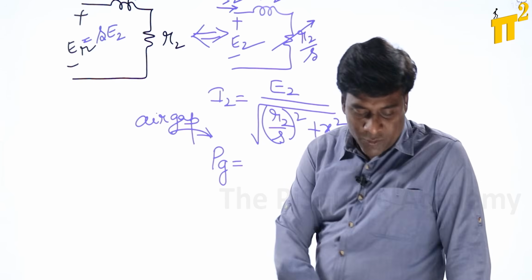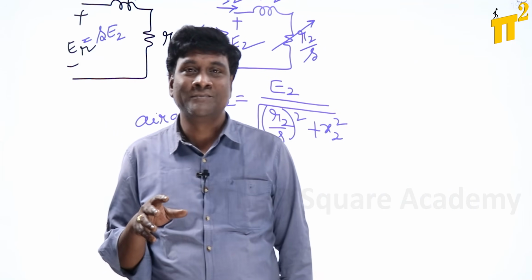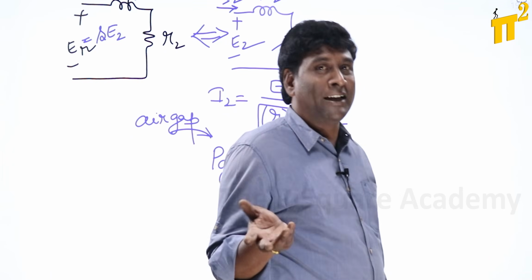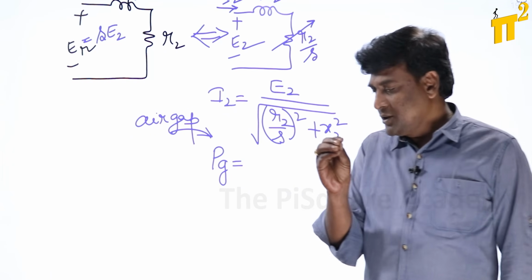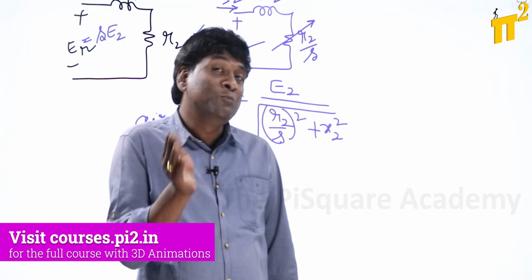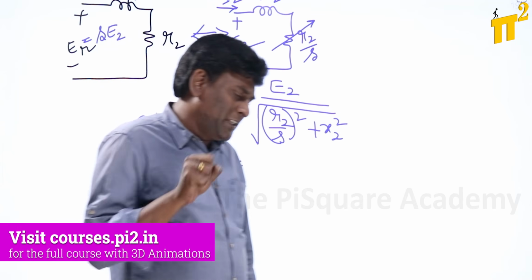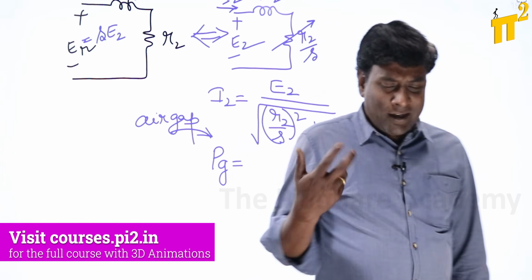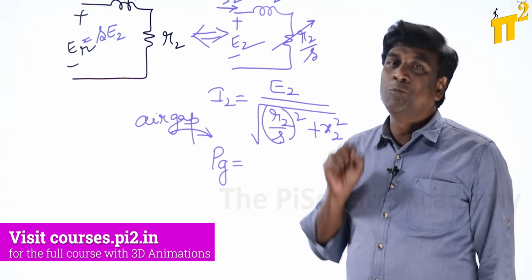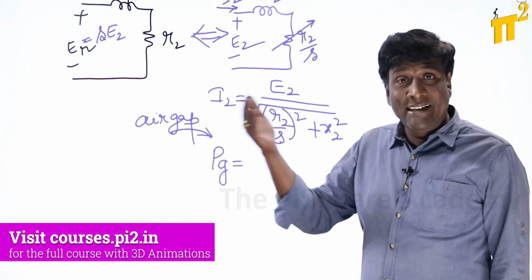One thing I may have to share here. A synchronous machine may absorb reactive power or may deliver reactive power. For example, a synchronous motor may absorb reactive power, may deliver reactive power. Many students have this kind of confusion. They feel the synchronous motor is absorbing active power. Why does it absorb active power?